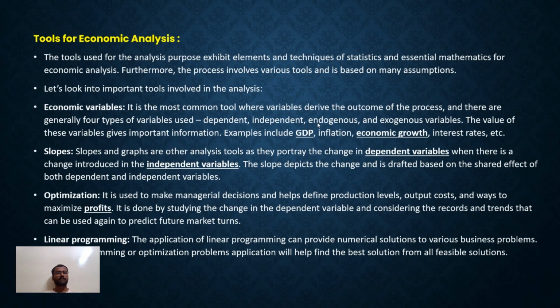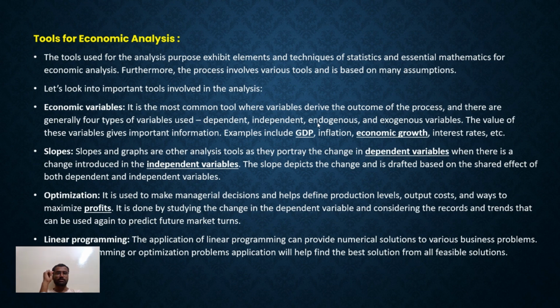The tools used for the analysis exhibit elements and techniques of statistics and essential mathematics for economic analysis. Furthermore, the process involves various tools and is based on many assumptions. Let's look into the important tools involved in the analysis.